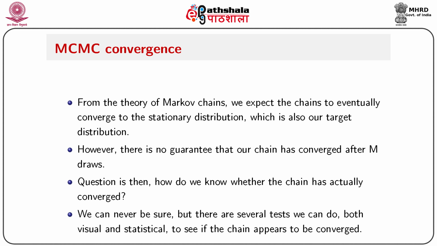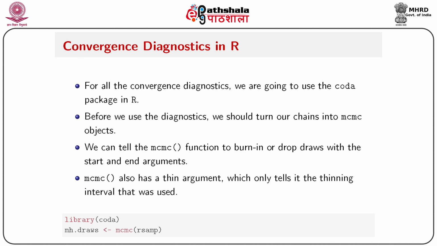We can never be sure, but there are several tests we can do, both visual and statistical, to see if the chain appears to have converged. For all convergence diagnostics, we are going to use the CODA package in R. Before we use the diagnostics, we should turn our chain into an MCMC object.